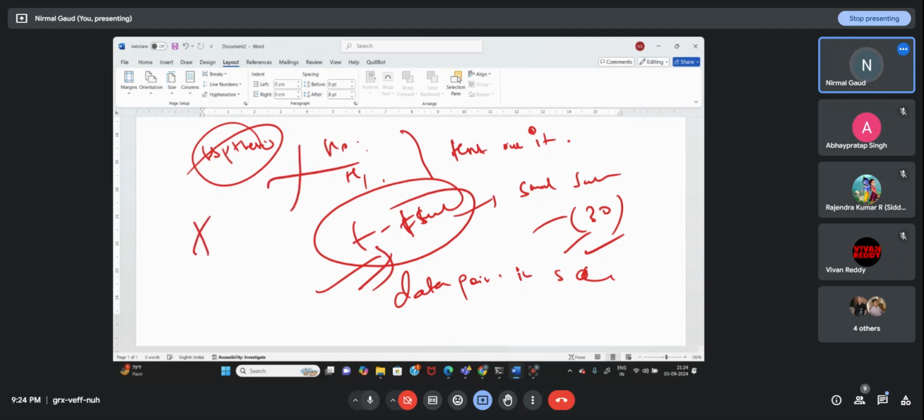Obviously you are going to have a t distribution only, because a small sample gives a t distribution, not a normal one.